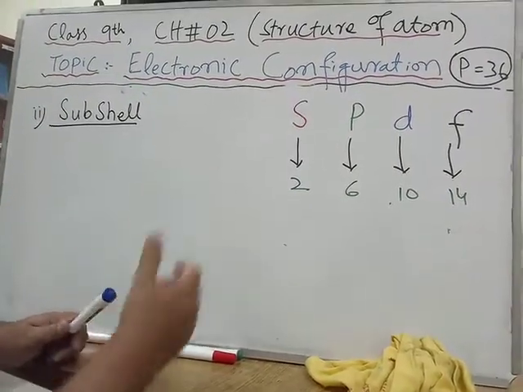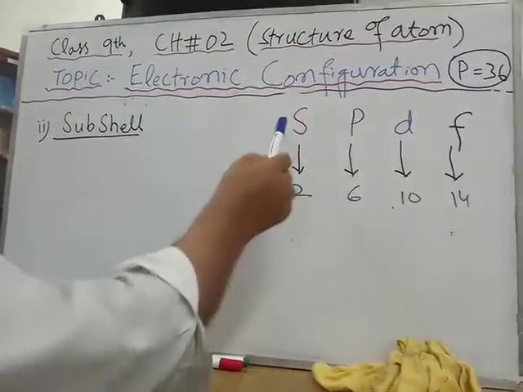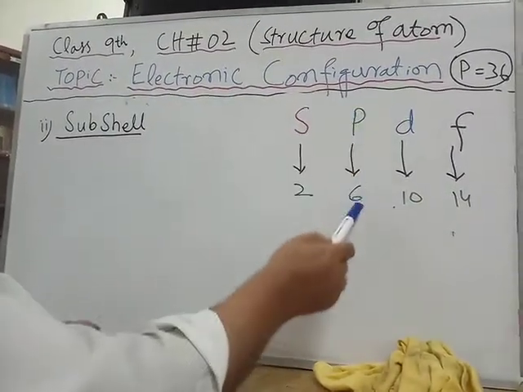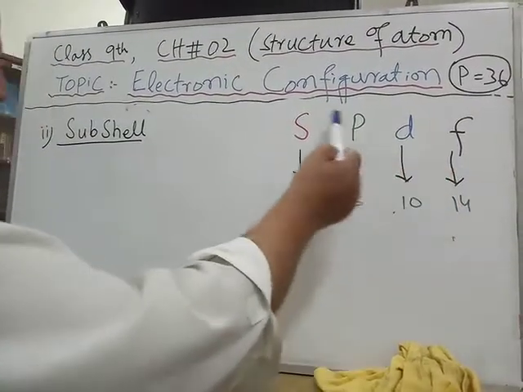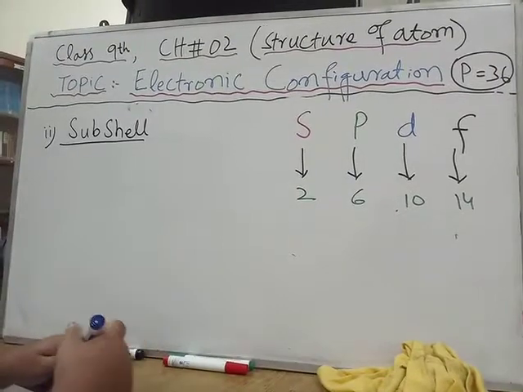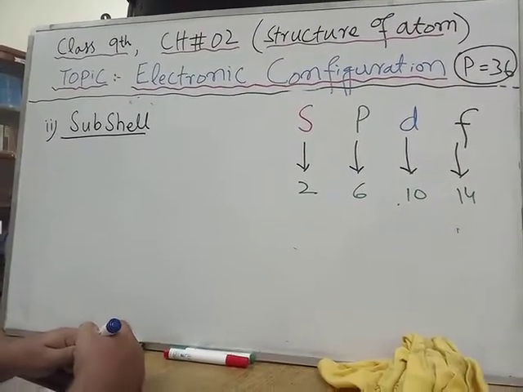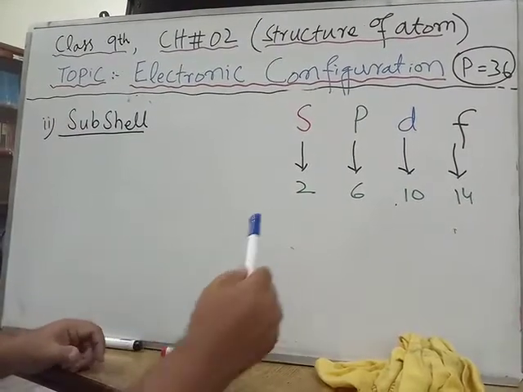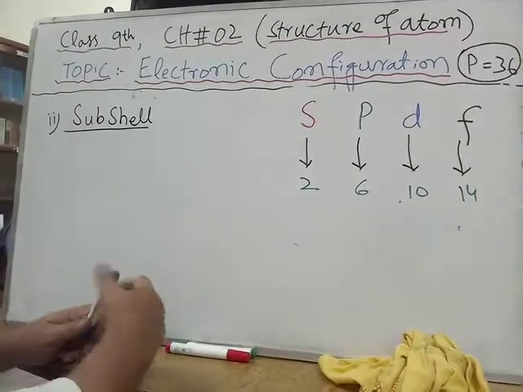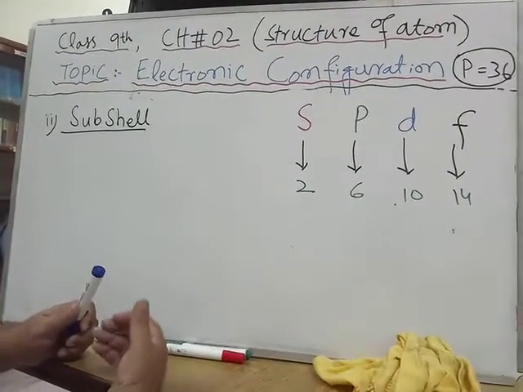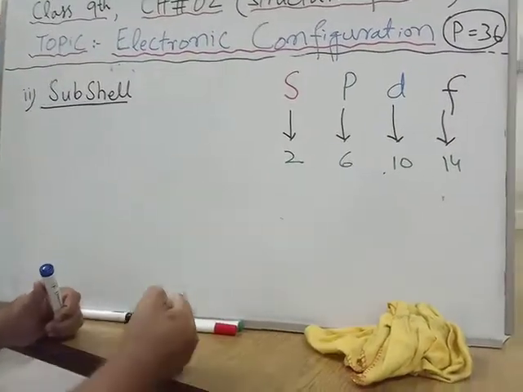So always remember how many electrons can be maximally accommodated in a particular subshell. These are the subshells S, P, D, and F, and they can accommodate 2, 6, 10, and 14 electrons respectively. And each shell has one or more subshells.